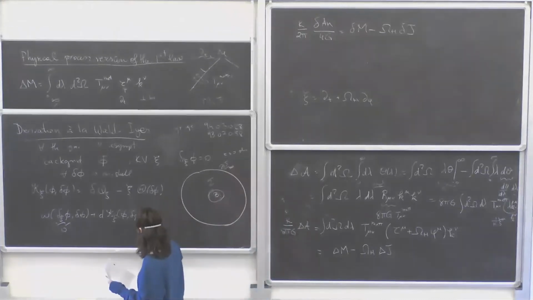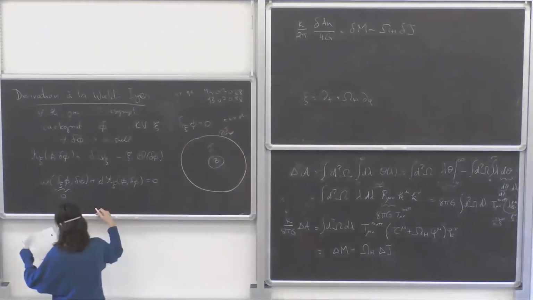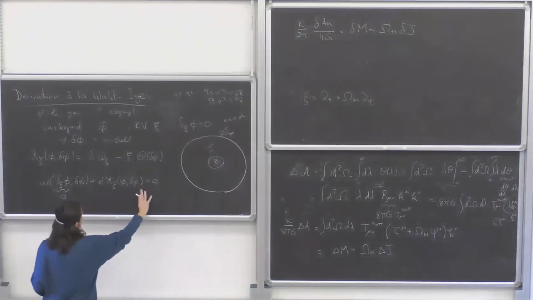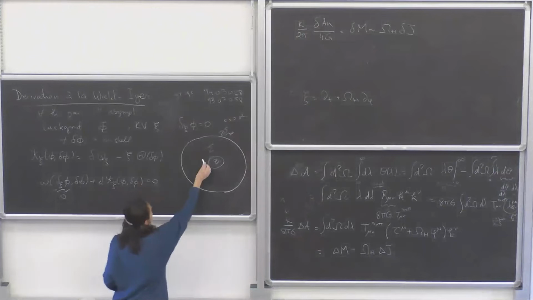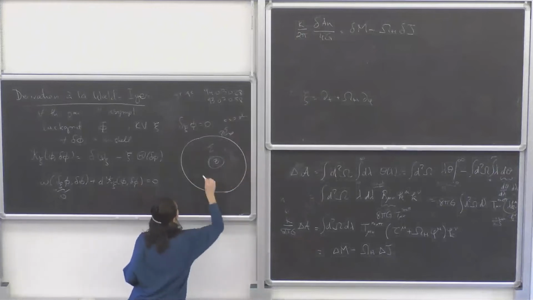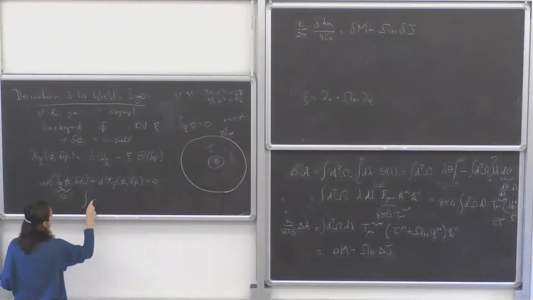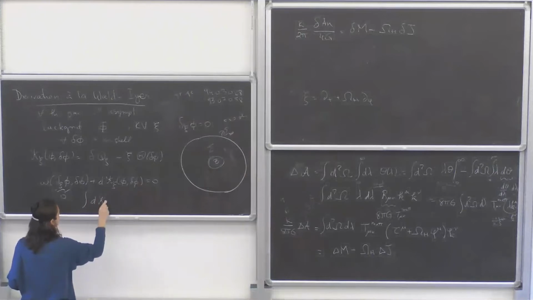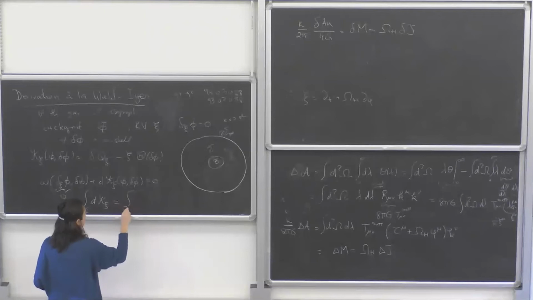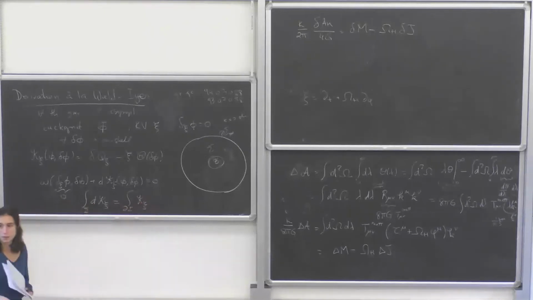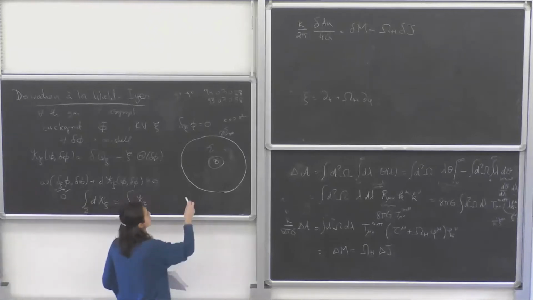So if I integrate this equation over sigma, the integral of dk_xc on sigma is the integral over the boundary of sigma of k_xc. And the boundary of sigma consists of two pieces.